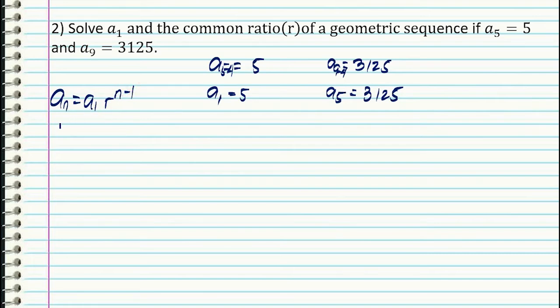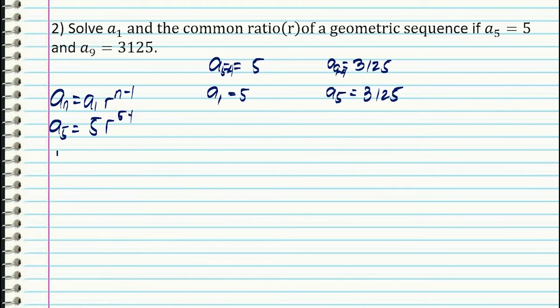A sub n is 3,125. That's actually a sub 5. And a sub 1 is 5. So common ratio unknown. N minus 1, so 5 minus 1.